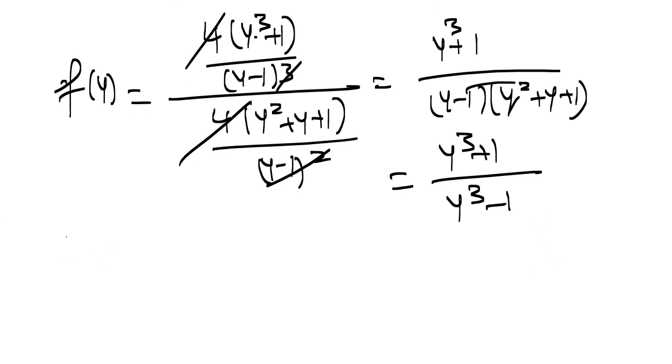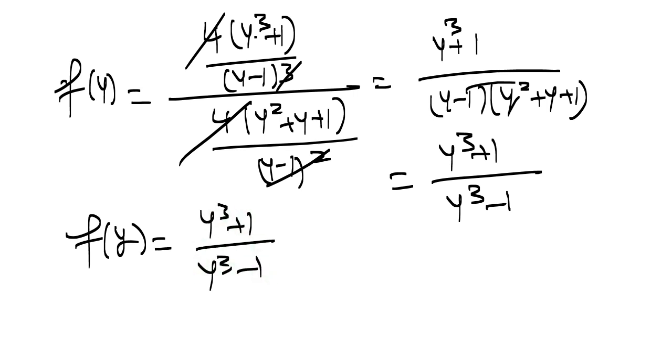So we have now at the end that f of y is equal to (y to the 3 plus 1) over (y to the 3 minus 1).